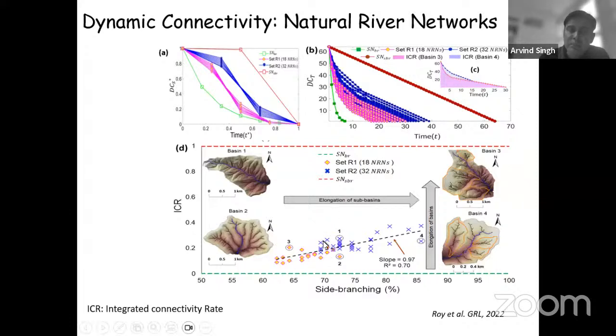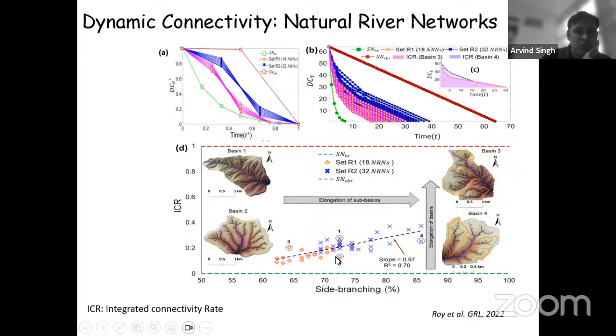However, there is some scatter around the trend line. To see why we observe this scatter, we look at the basins which exhibit the same side branching but different integrated connectivity rate.